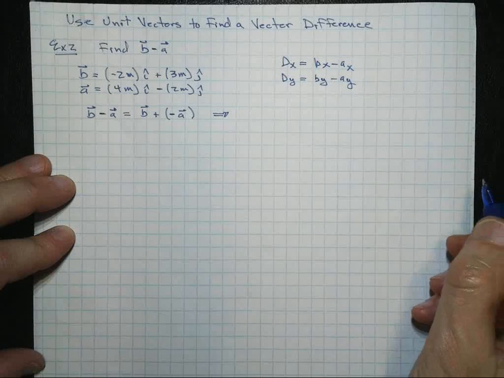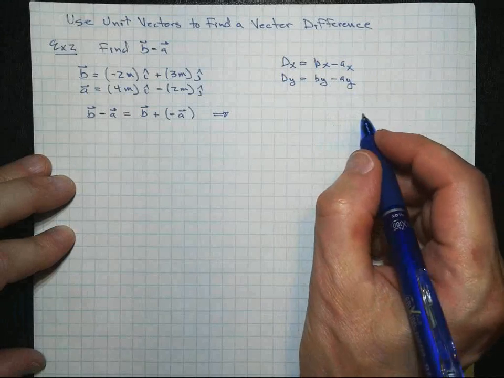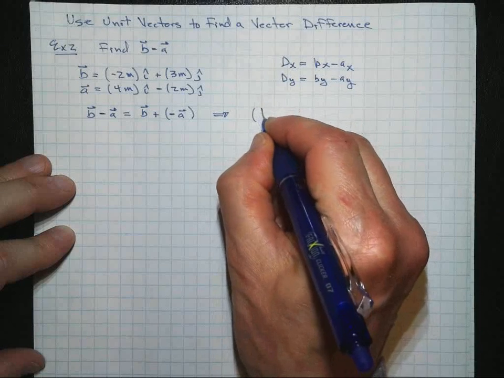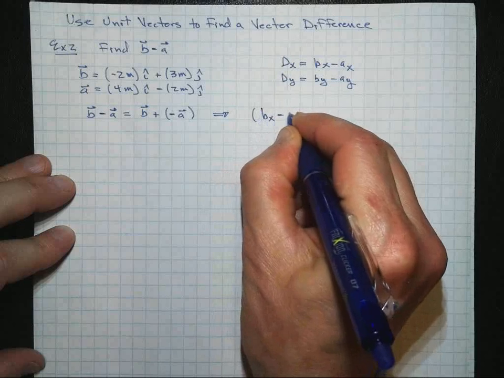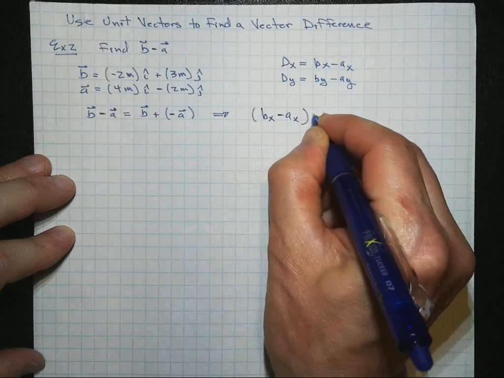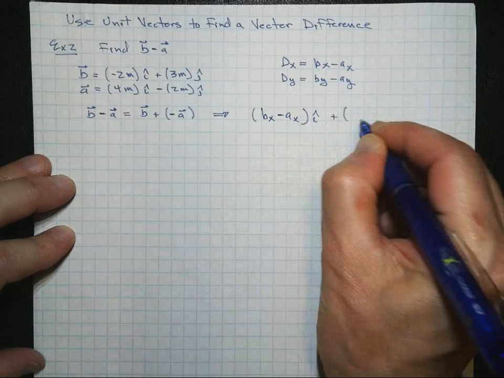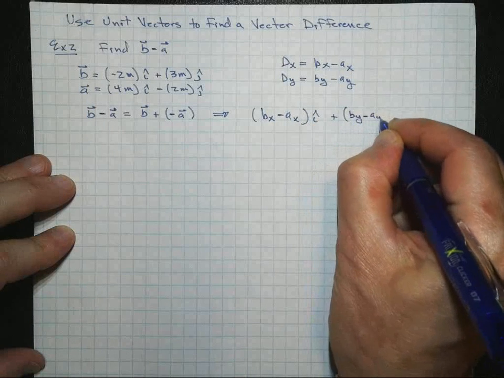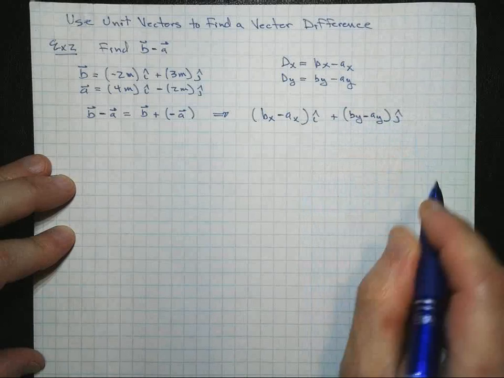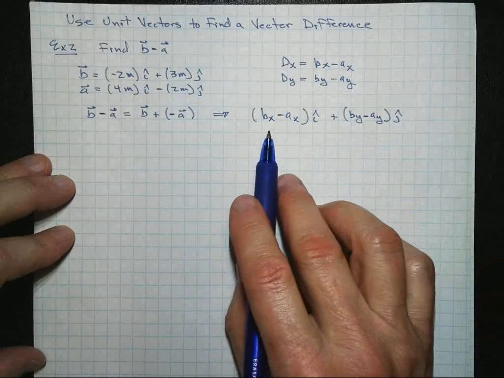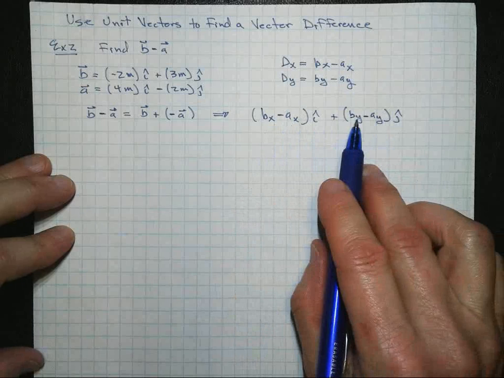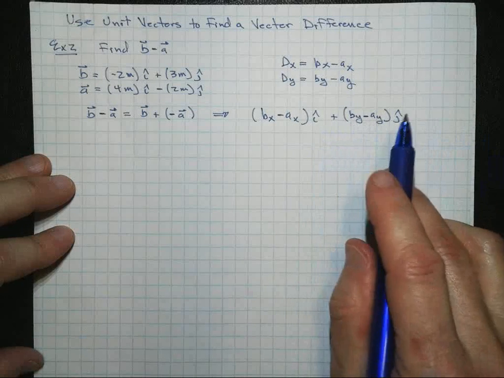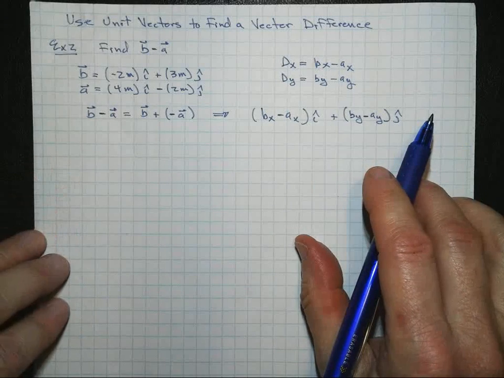It's going to be bx minus ax i hat plus by minus ay j hat. So we're just doing components: subtracting the x components, bx minus ax, subtracting the y components, by minus ay, and keeping the unit vectors in the loop, so to speak.